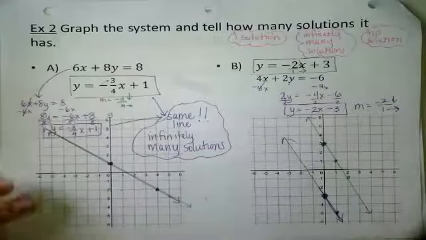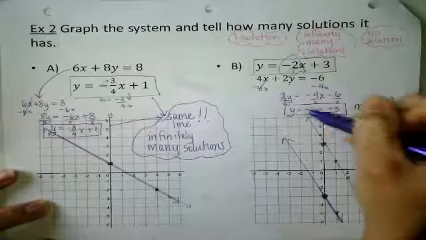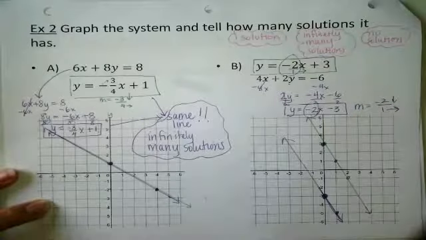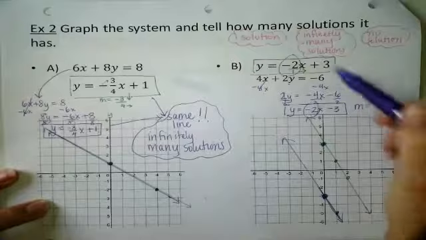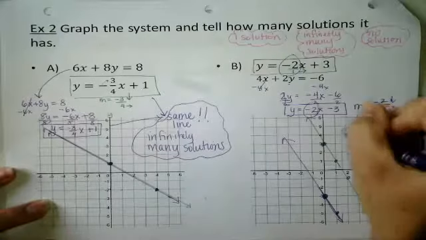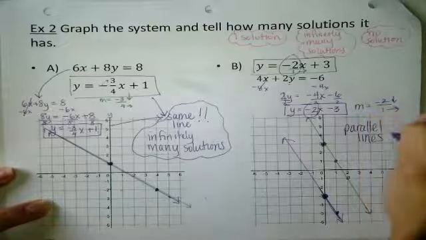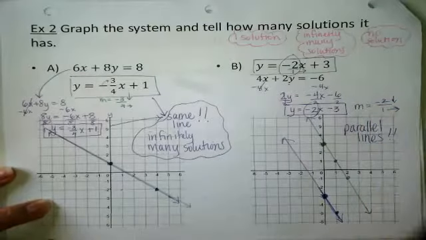Okay. These lines have the same slope. Here we have a slope of -2, and here we have a slope of -2. Same slope with different y-intercepts. These are parallel lines. So how many points of intersection are there?